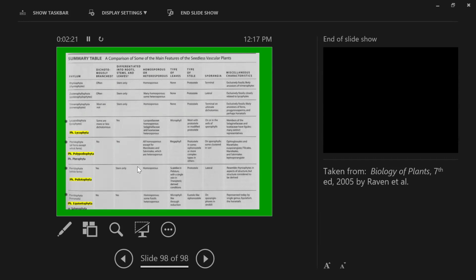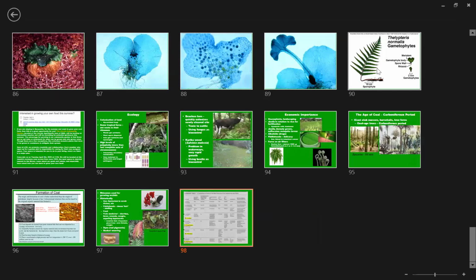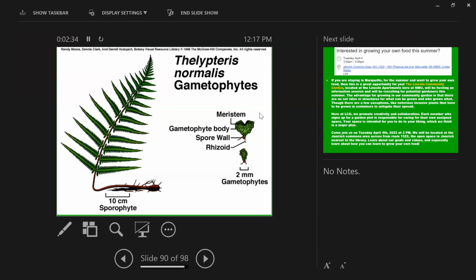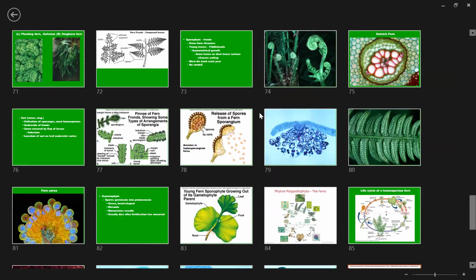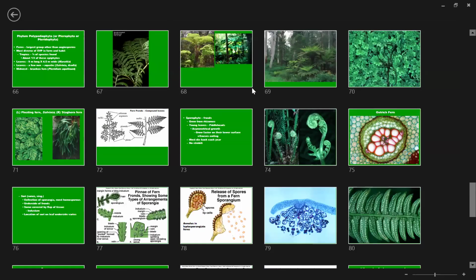Classified as a microphyll. So really in this group, it's only the true ferns, the Polypodiophyta, that have megaphylls. And most ferns, when you look at them, you say, oh yeah, that's a leaf.